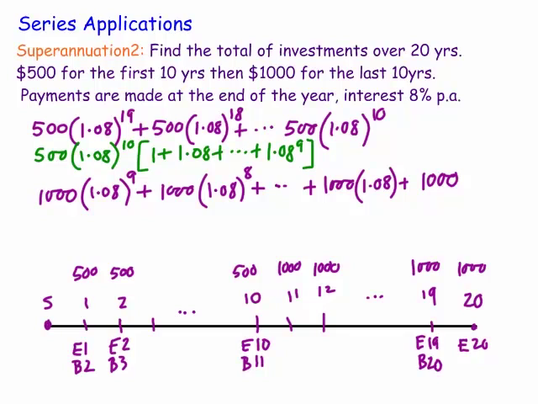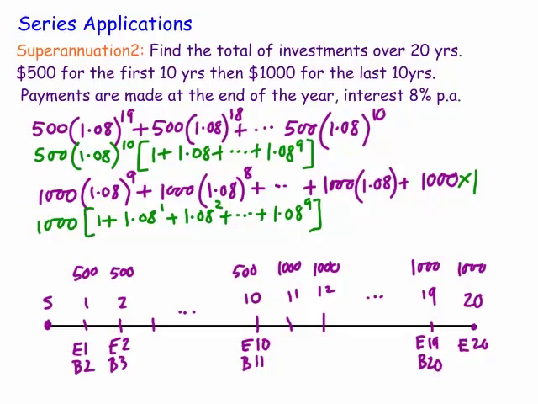We're going to have to sum that. Looking at the other one, we can take out the 1,000 and rearrange, reversing the series: 1 plus 1.08 plus 1.08 squared plus dot dot dot plus 1.08 to the 9. We're going to have to add these two individually.